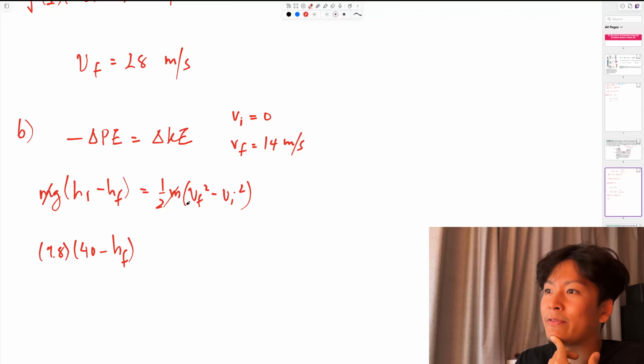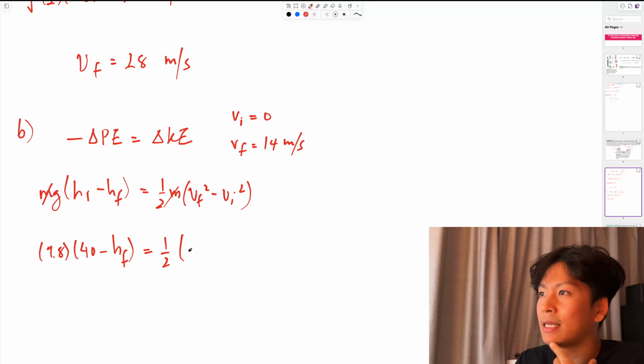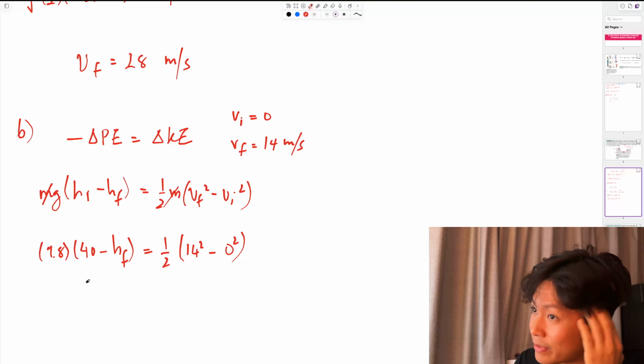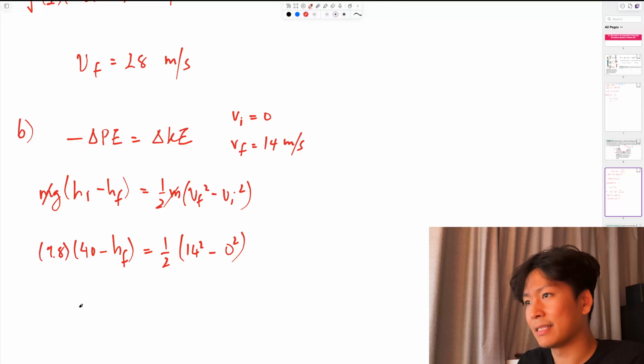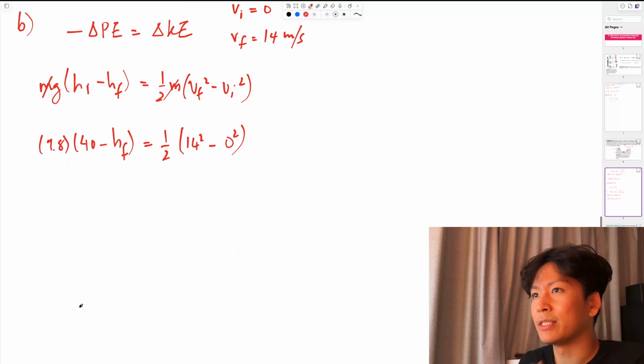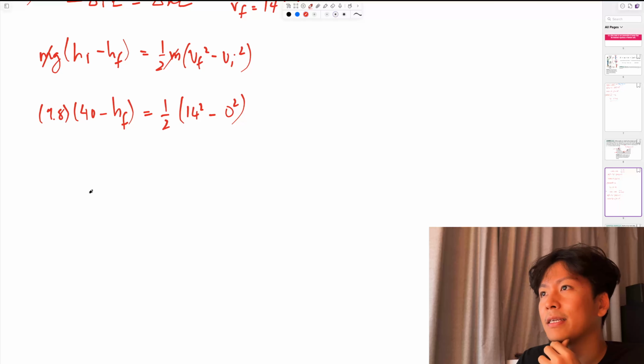So I'm looking for my final height, which is equal to half times final, 14 squared, minus 0 squared as my initial. To solve for this, again, just simple rearrangement of equations. How should I do this? Move the h over to the other side.